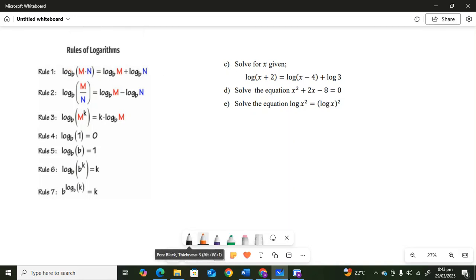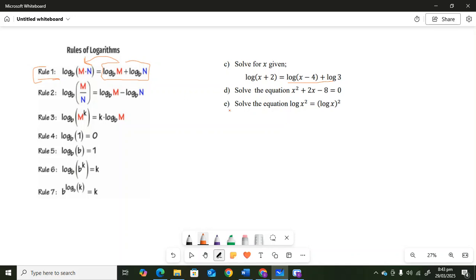Whenever you see an equation for logarithms where there's an addition sign, remember this rule number one: the log base b of m multiplied by n is the same as the log base b of m plus the log base b of n. So with this equation, if we look at rule 1, we're starting from here and then moving back to this here.